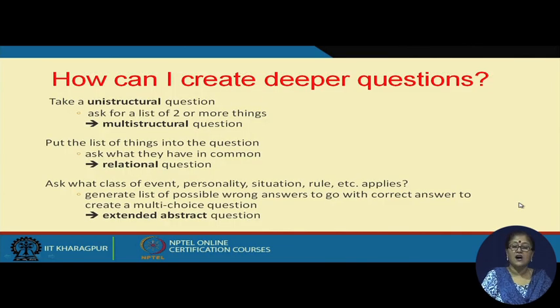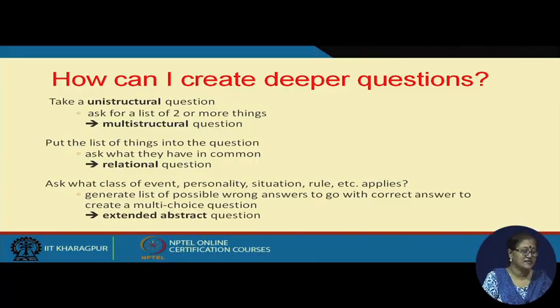So, how do you create deeper questions? Take a unistructural question and then ask for at least 2 or more things. In that case, it will become a multistructural question. Now, put the list of things into the question. Now, ask what they have in common. In that case, the common means one relation will come. So, it will go to the relational level.